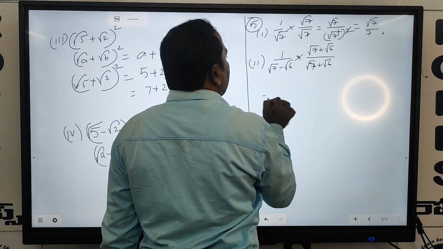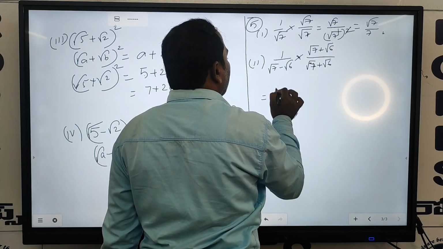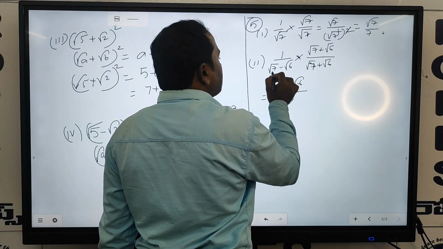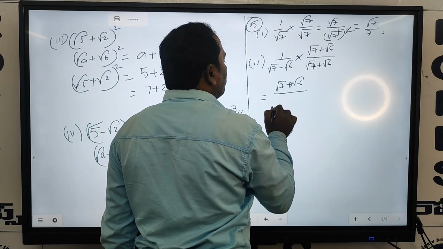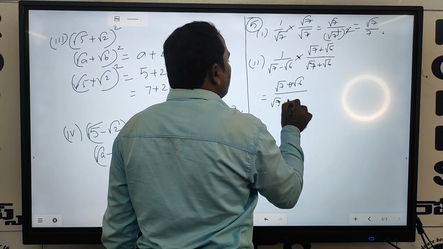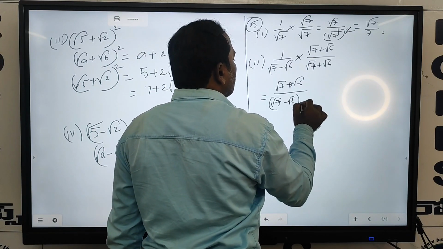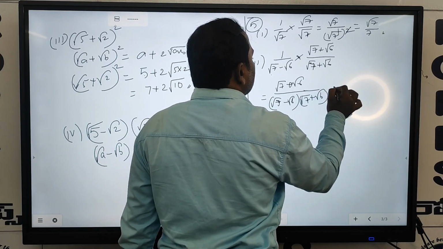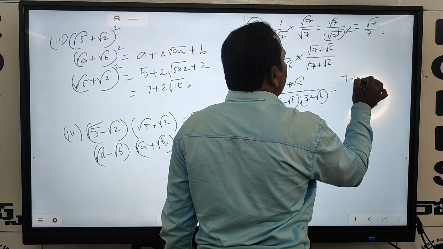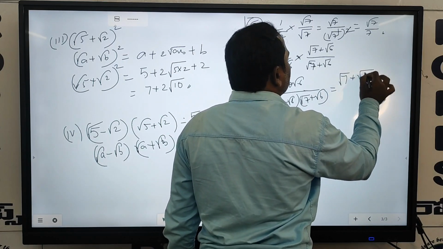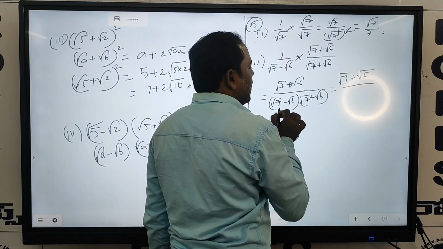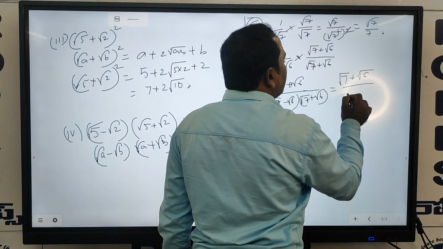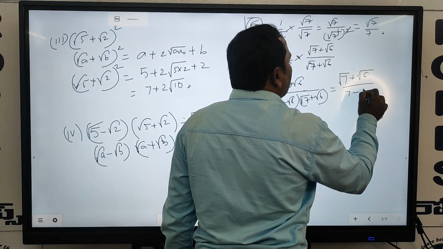Then we can write (√7 + √6) × 1 by (√7 - √6)(√7 + √6), which is in the form (√a - √b)(√a + √b) = a - b.